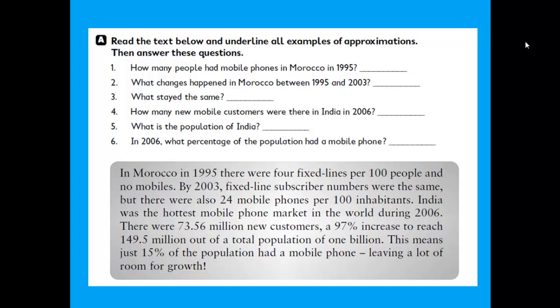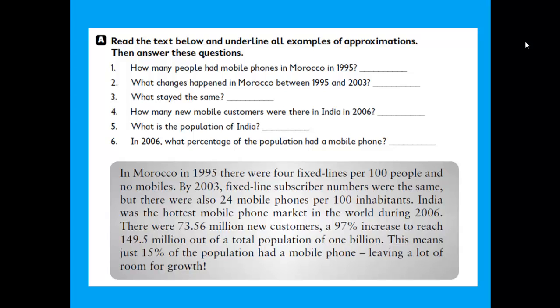Now, after reading this text, let's come back to the questions. Number 1. How many people had mobile phones in Morocco in 1995? Number 2. What changes happened in Morocco between 1995 and 2003?